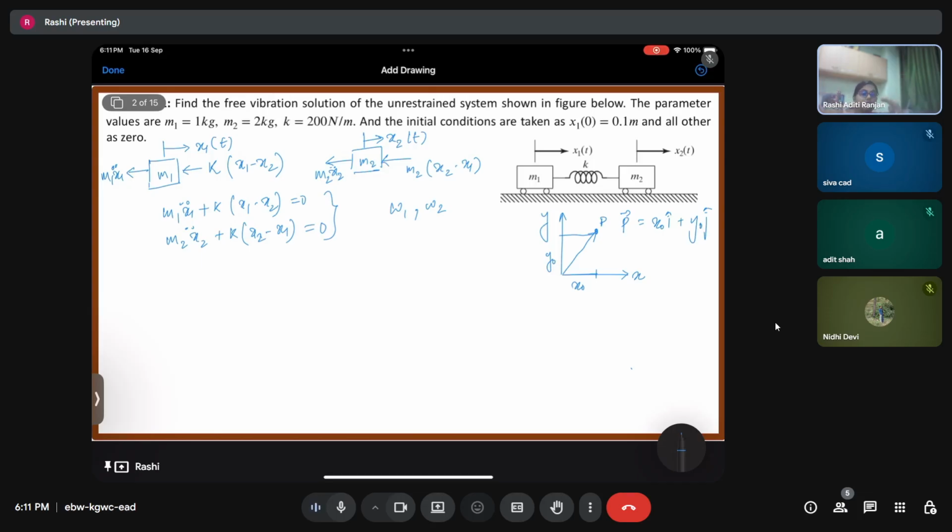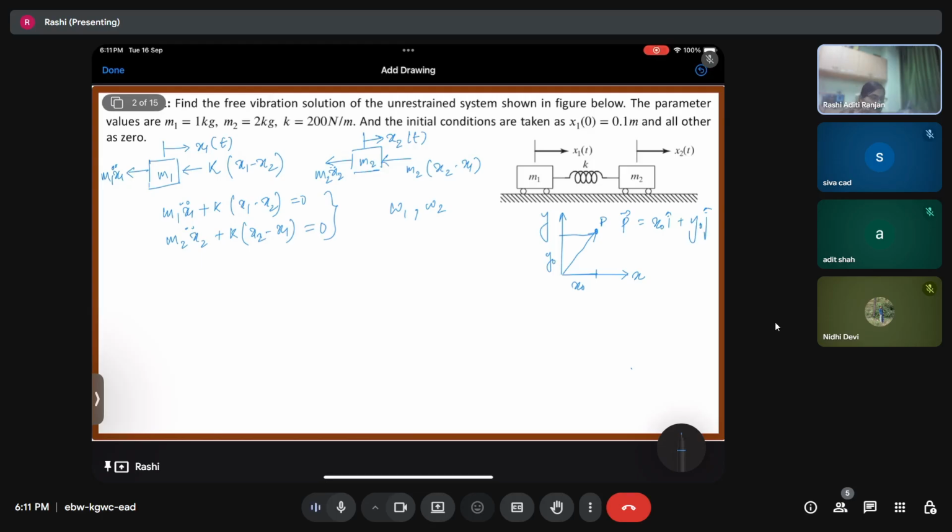So the solutions corresponding to the two modes are essentially the two independent solutions that we are looking for. If I get these two independent solutions, I can write any general solution of my system using the linear combination of these two. Okay, I hope this concept is clear.